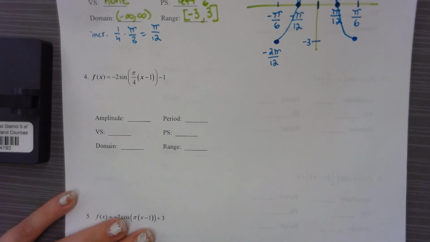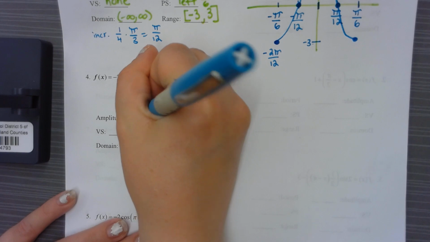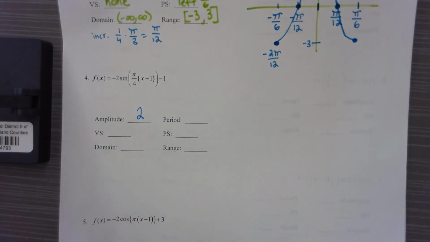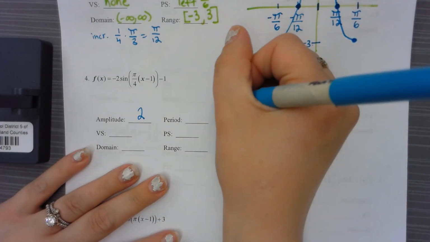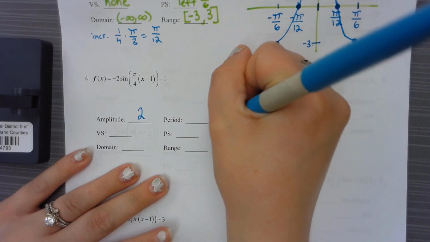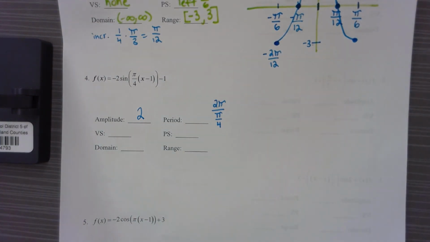Amplitude. 2. Okay. Do we understand that? Yes? Okay, that part we got. Period. We would do 2 pi divided by pi over 4, right? And if I'm dividing by something like that, what do I need to do? Multiply by the reciprocal.